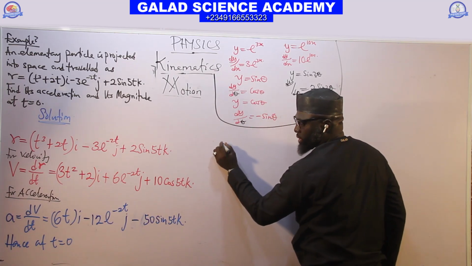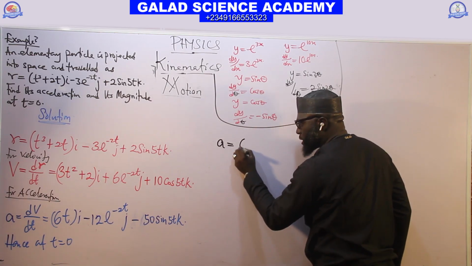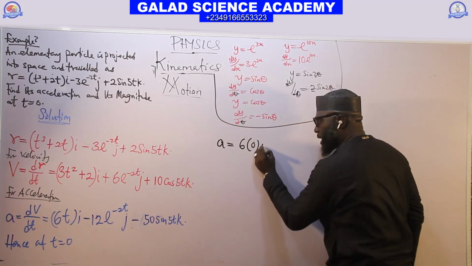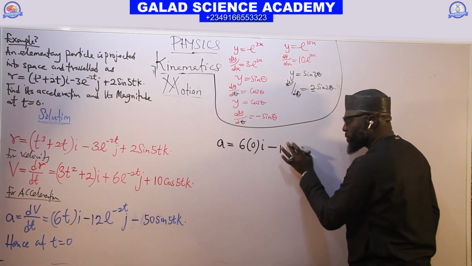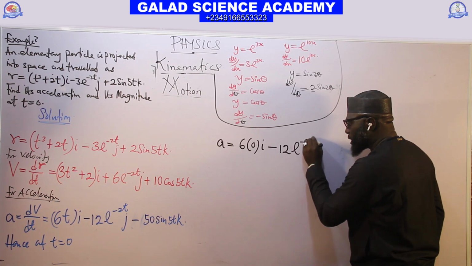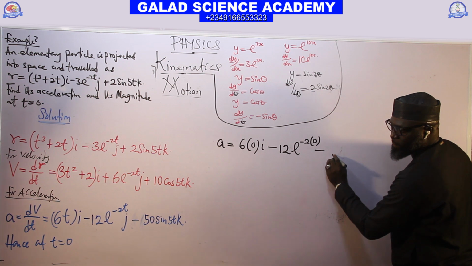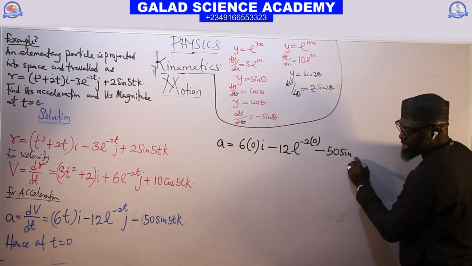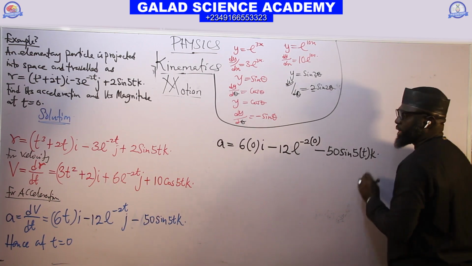A will be 6 times 0 i minus 12 e exponential 0 minus 50 sine 0 k.